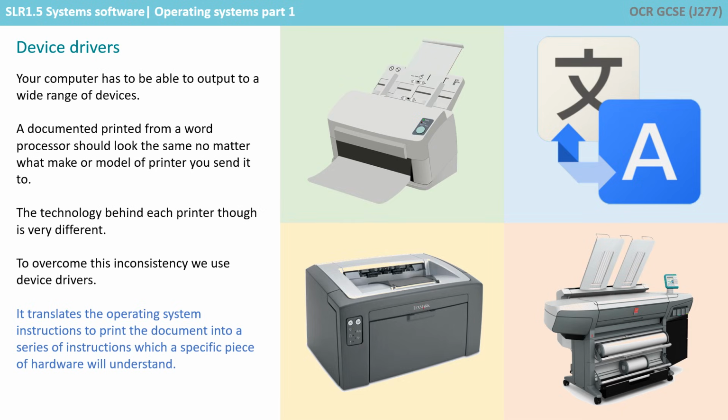If you've got an inkjet printer, it's spraying droplets of ink onto the page. If you've got a laser printer, then it's magnetizing areas of the page and using toner to fuse to the page in order to produce the output. And the plotter is going to use a pen to draw across the page.